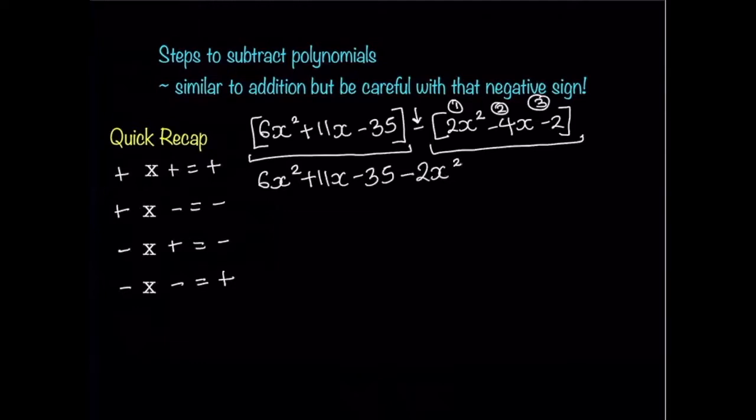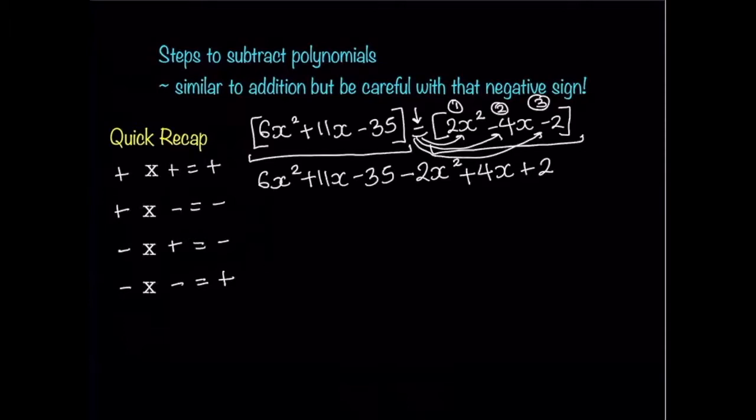This minus 4x will come out of the bracket multiplied by the minus and become plus 4x. And this minus 2 in the bracket will come out of the bracket, multiply by the minus, and become plus 2. So you multiplied this minus sign with each of the terms when you were taking it out of the bracket. And so now you then do the steps that we did in addition.